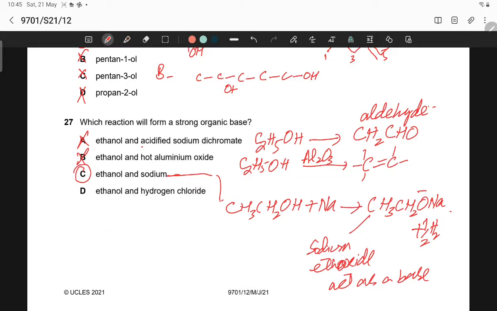Ethanol and hydrogen chloride, option D: C2H5OH plus HCl.